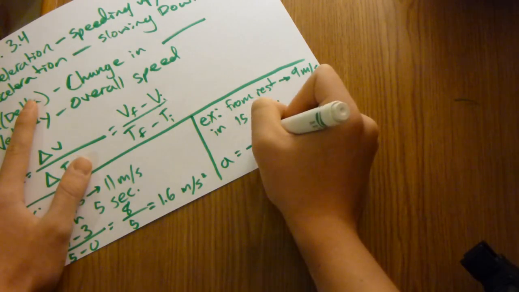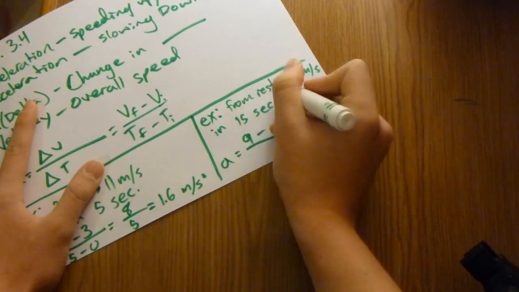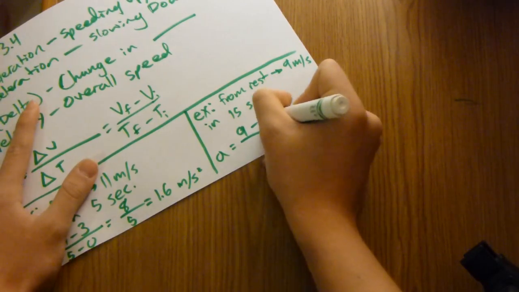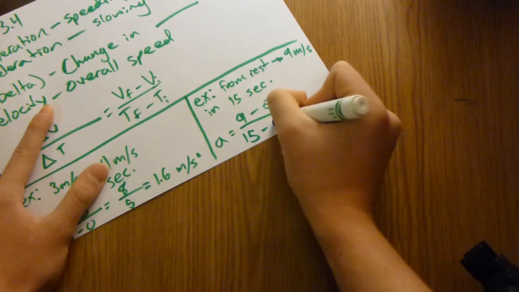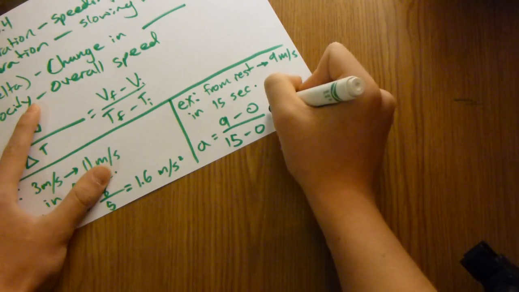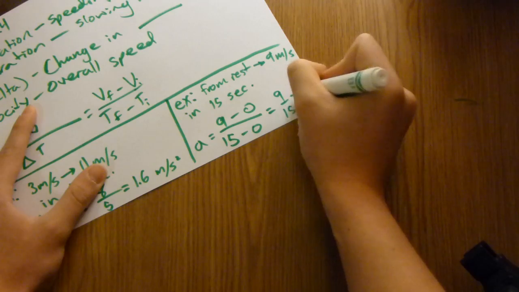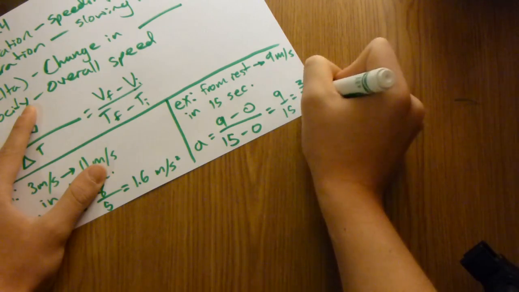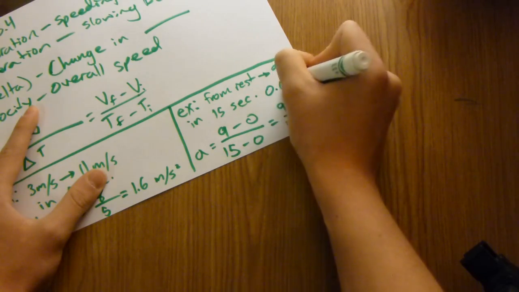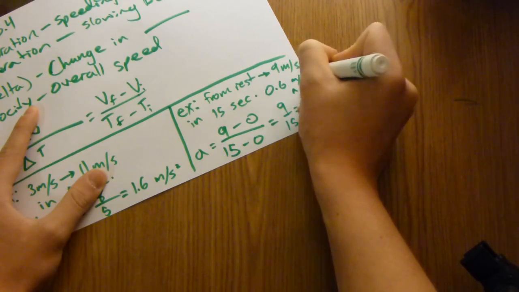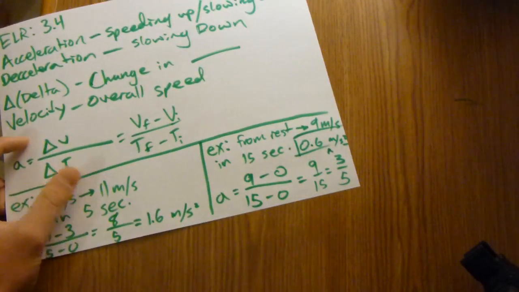A equals the change in velocity, so final minus initial, which is 0 because it starts not moving, at rest, 0 meters per second, over final 15 seconds minus 0 initial seconds. And that is 9 over 15, which is 3 over 5, and that equals 0.6 meters per second squared. Of course, never forget your units.